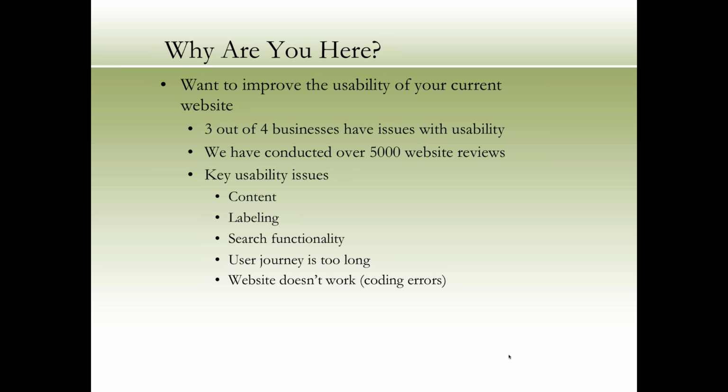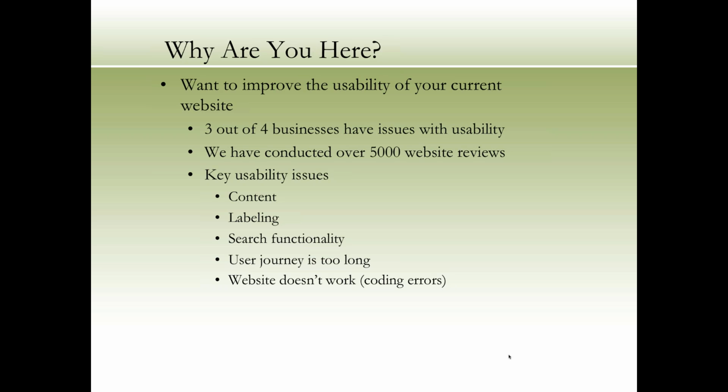And here at QCamp and our parent company, Situated Research, we've conducted over 5,000 website reviews just this year in 2016. And the key usability issues that we've seen so far have to do with content.